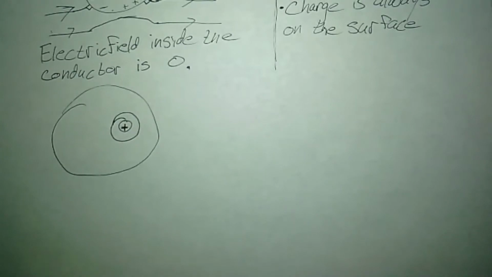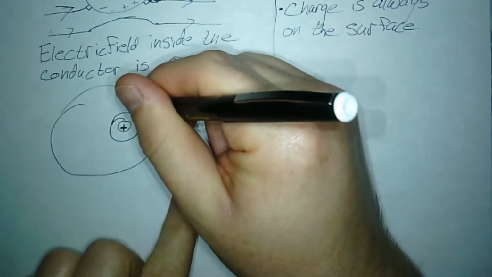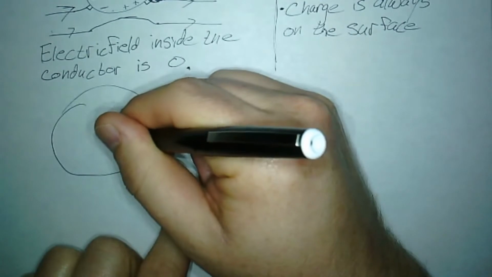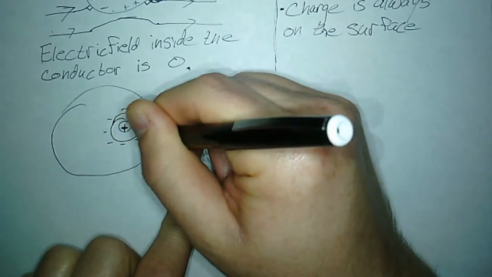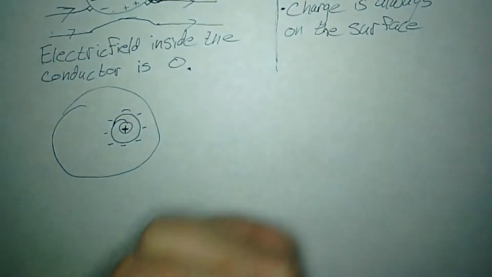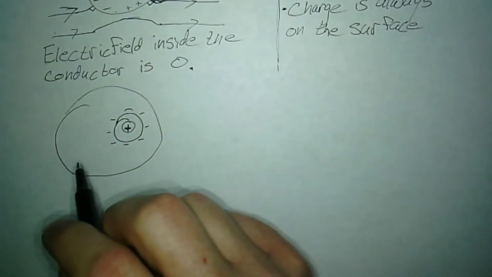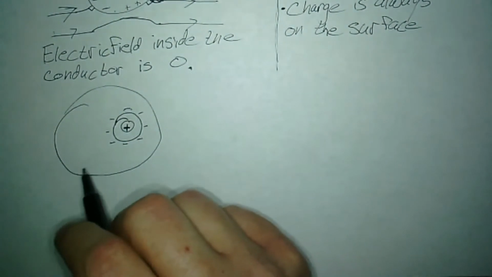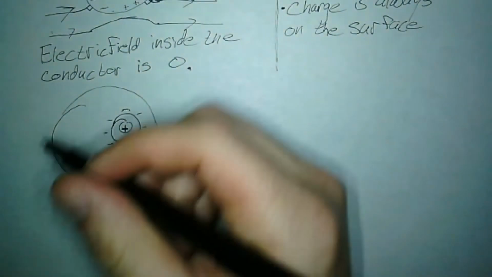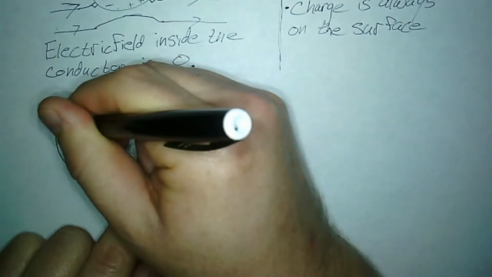Well, it gets a little strange. So we can surmise that electrons from other places in the conductor are going to be drawn to that surface. So even though it's inside the conductor, you can still have a charge there because it's on a surface. And because they're drawn in, we have positive charges we've left elsewhere.